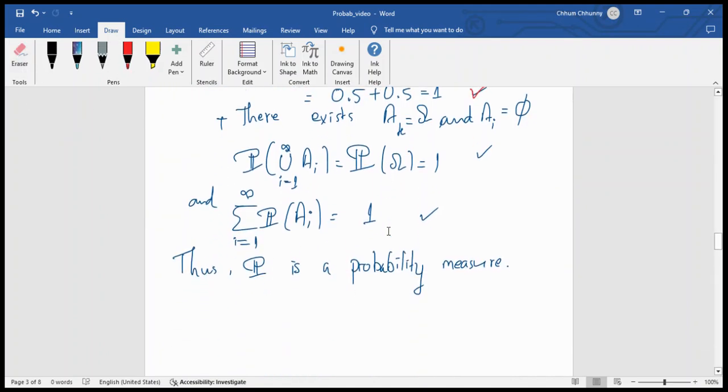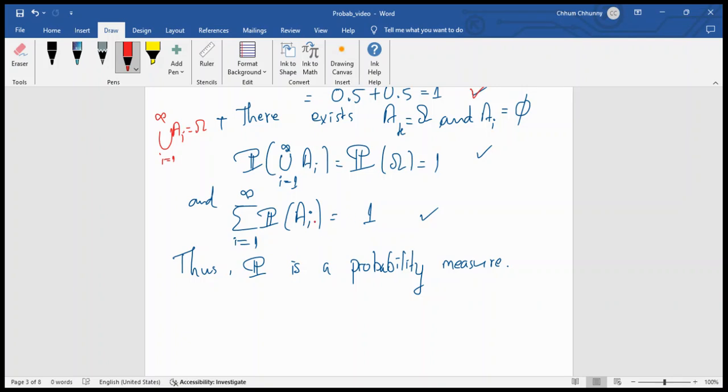And another subcase is that if we have the union from I equals 1 to infinity of AI equal to omega, then there is AK equal to omega, and the rest are the empty set. So in this case, it's similar to the previous case: we can derive P of the union equals P of omega equals 1, and the summation of P of AI also equals 1.